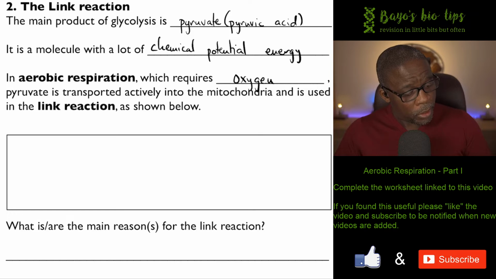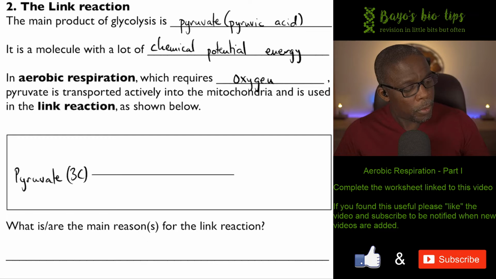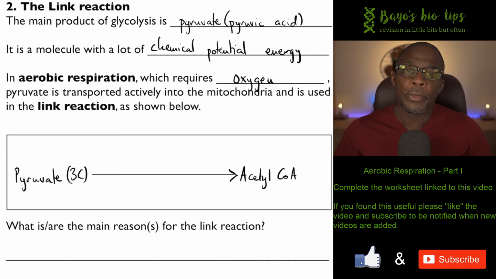So remember we started off with pyruvate, which has 3 carbons per molecule. So pyruvate is our starting point. Then we have a process which results in the formation of something called acetyl coenzyme A, and that has 2 carbons.